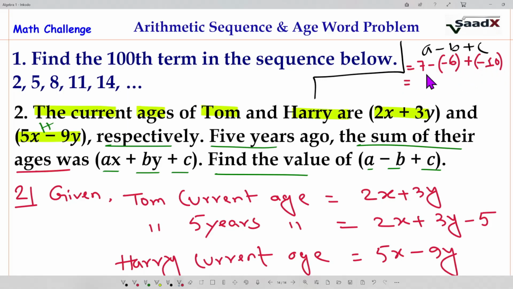Okay, then 7 minus and minus plus 6, and here is minus 10, and then 7 plus 6 is 13 minus 10. Our answer is 3. Okay, it's a very simple thing and a very important question.